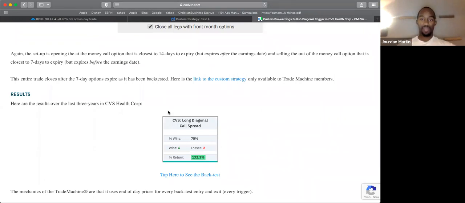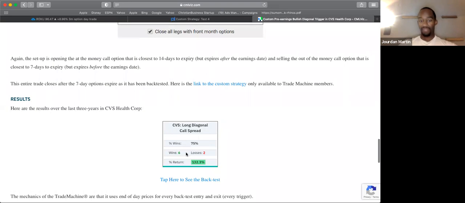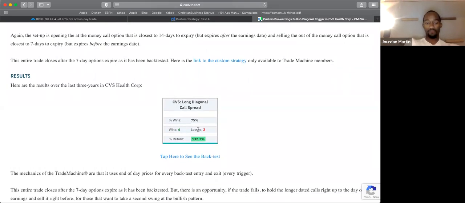So if you did this the past 8 times that this would have been met, so stock above 50-day simple moving average, you're opening up this diagonal spread 14 days before earnings and closing it out 1 day before earnings, you would have won 75% of those trades, right? Won 6, lost 2, and your total percentage return would have been 132%, right?